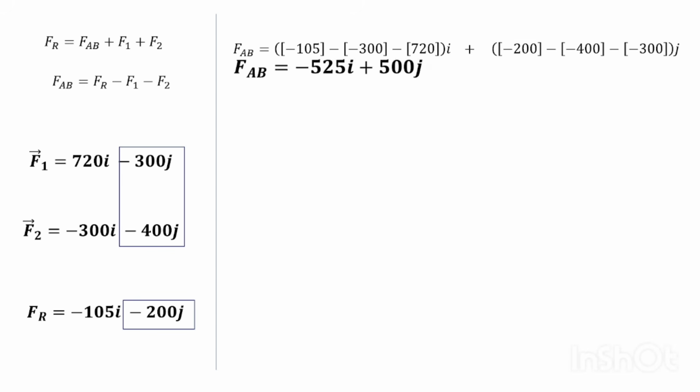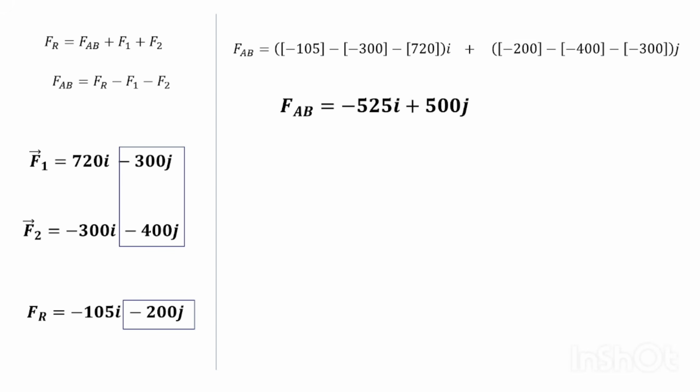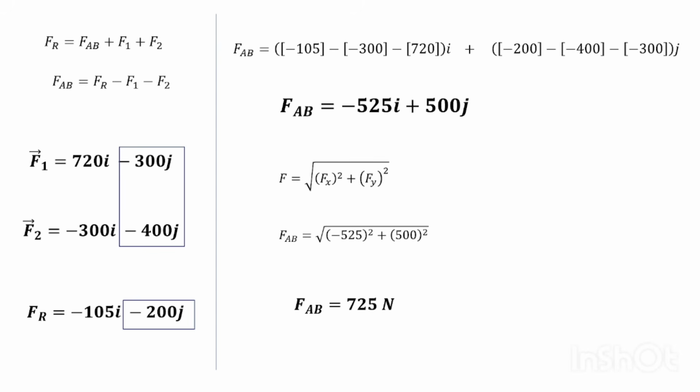And if you evaluate this, you're going to get FAB to be equal to minus 525i plus 500j. So if you've gotten this, you want to find the resultant of these forces. What you have basically is F to be equal to the square root of the sum of the squares of both components. So you can just apply this formula to find the magnitude of FAB. And if you do that, you get your FAB to be 725 Newtons, as we've gotten earlier.